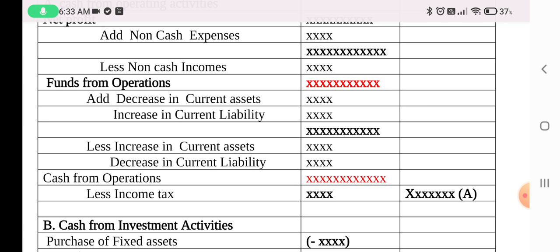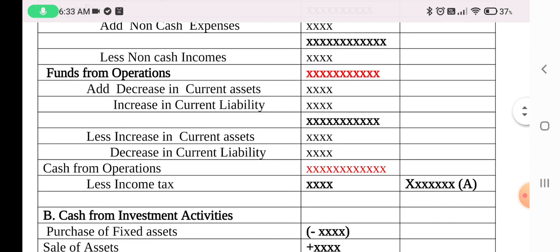In the same way, if current liabilities are decreased, it means we repaid the liability, so it reduces the cash balance and should be reduced from the fund from operation. And if the current liability is increased, it means we are receiving new credit, so that will increase the cash balance and should be added.